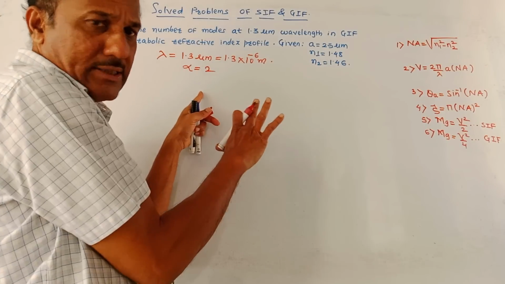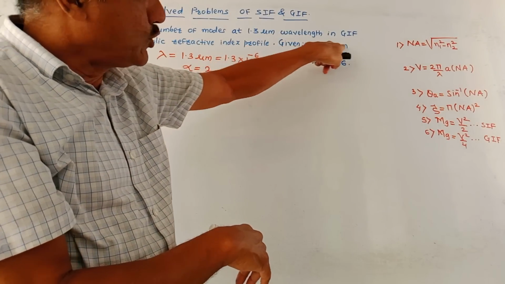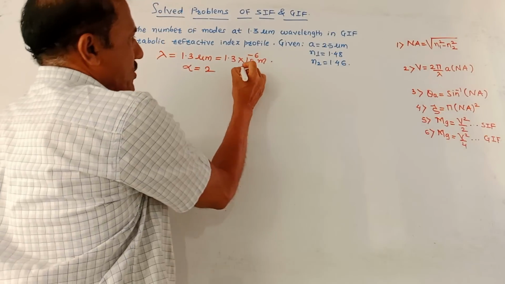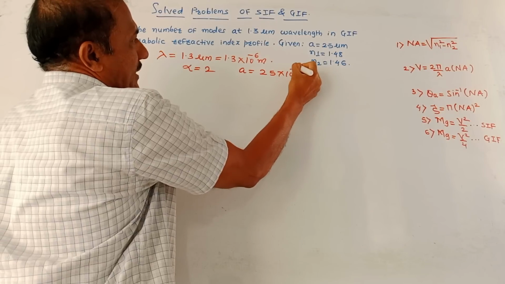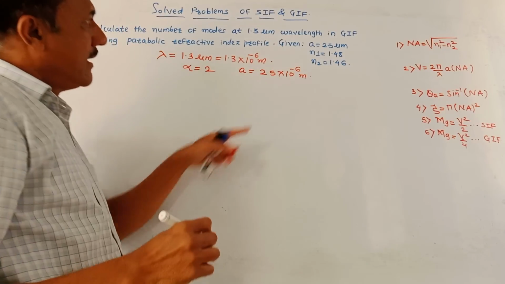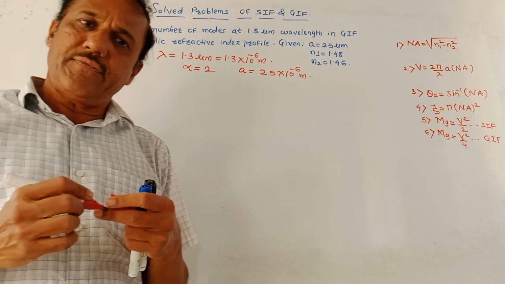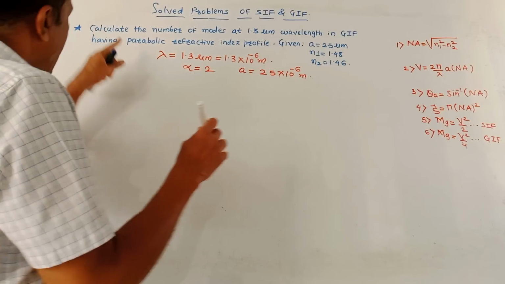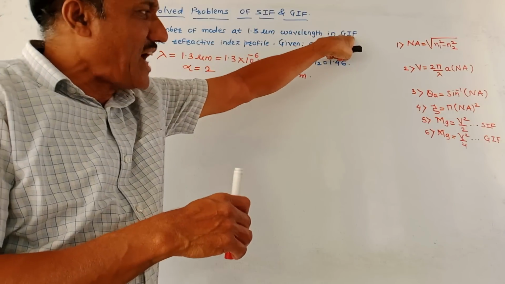This is nowhere required in this numerical. Given A is 25 micrometer. A is the core radius that is given in the question. So A is 25 into 10 raised to minus 6 meters. N1, the refractive index of core, is 1.48 and the refractive index of cladding, that is n2, is 1.46. It is asked to calculate the number of modes at this particular wavelength in GIF.